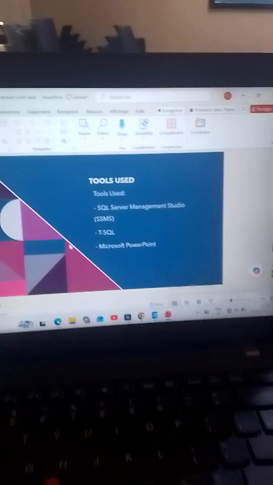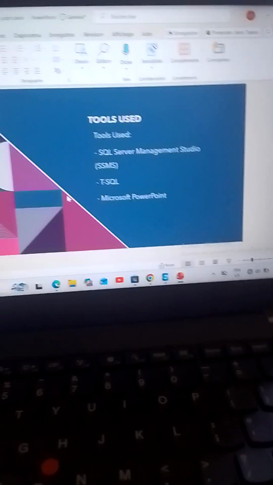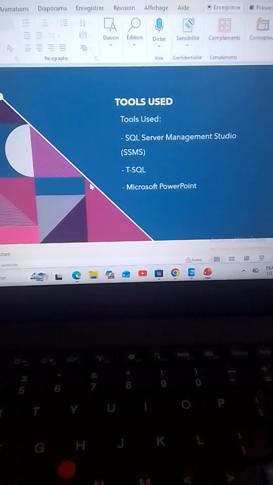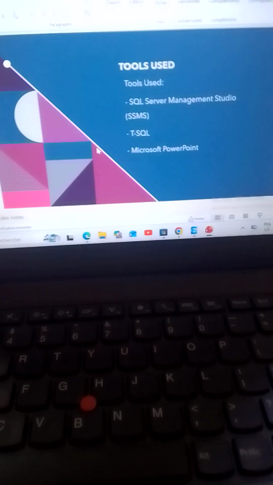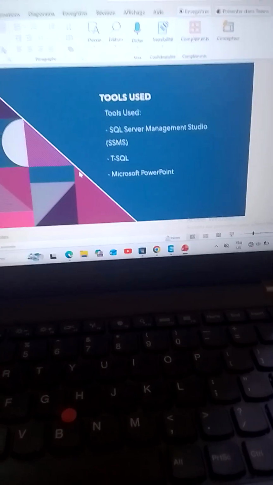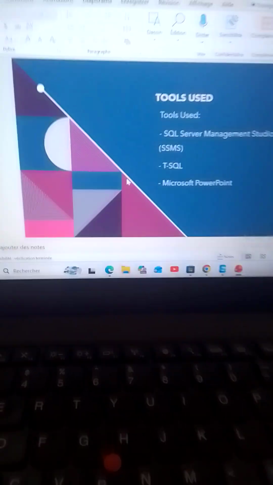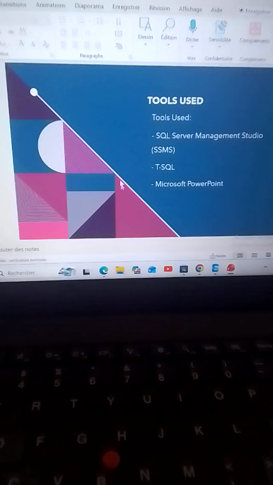And the next is the tools used. The tools are SQL Server Management Studio, SSMS, T-SQL, and Microsoft PowerPoint, and these tools were used for the analysis and presenting feedback. It was very important for me to understand many things and many choices when I did my SQL.